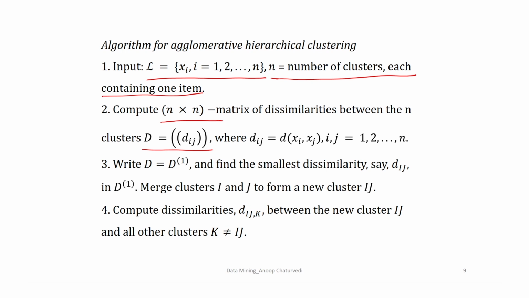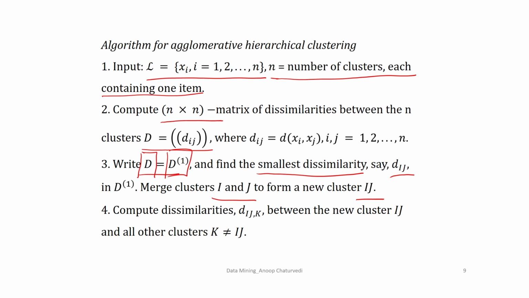Suppose we write D equal to D1. And then we find the smallest dissimilarity in this matrix D or D1, and say the smallest dissimilarity is D capital I capital J. Then we merge the clusters capital I and capital J to form a new cluster IJ.